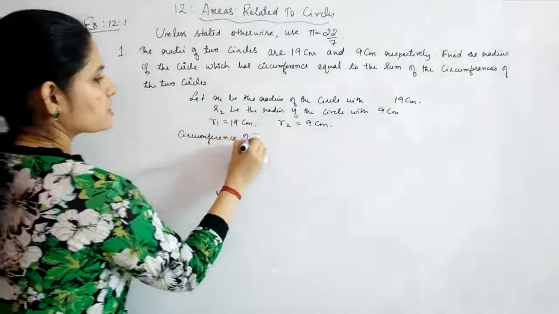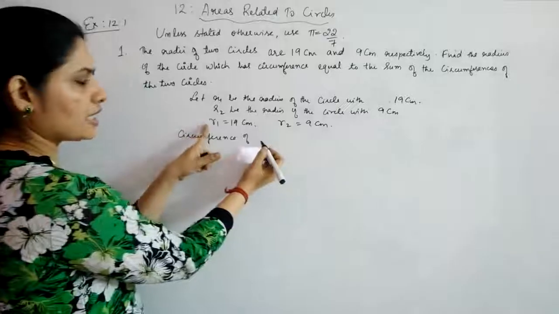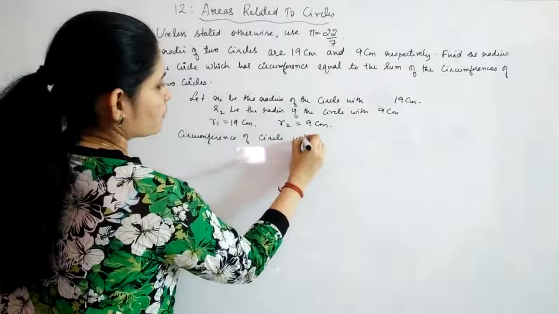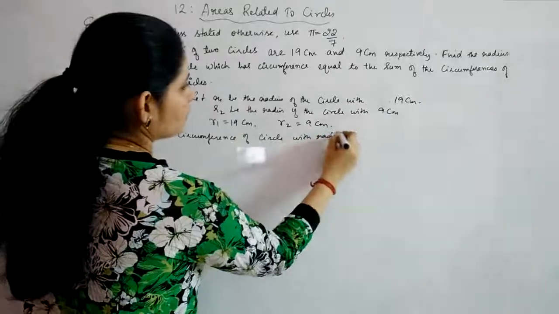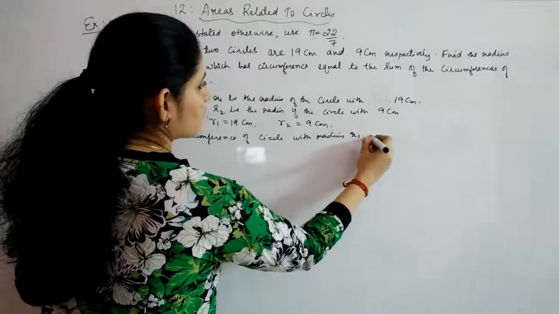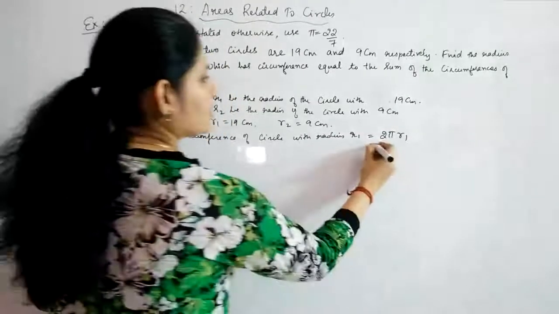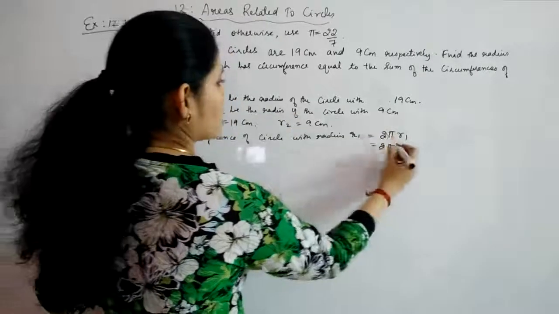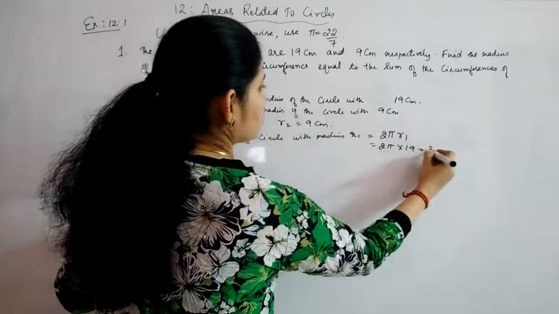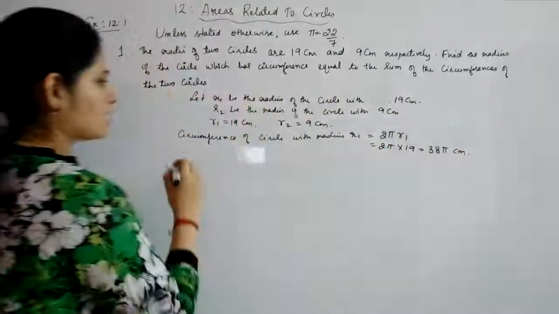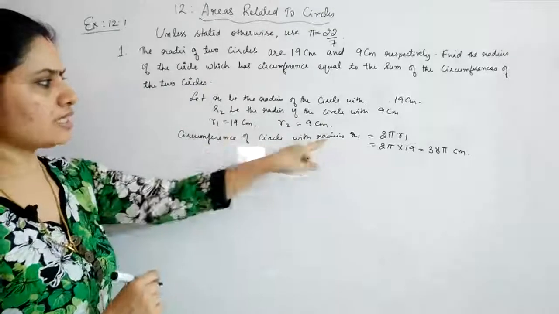The circumference of the circle with radius r1 is 2 pi r1. Now replace the value: r1 is 19, so you get 38 pi centimeters as the circumference of the circle with radius r1.